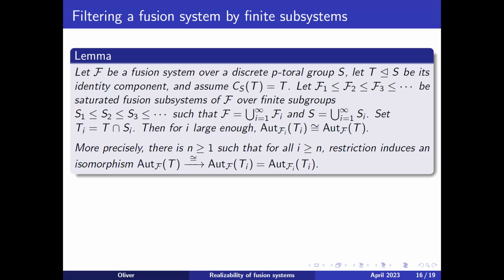In other words, there's no element of S minus T, no element in the difference, that centralizes T. And you write F as a union of an increasing sequence of saturated fusion subsystems over finite subgroups S_i.